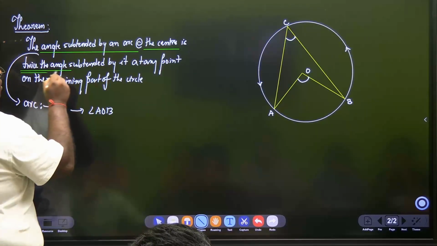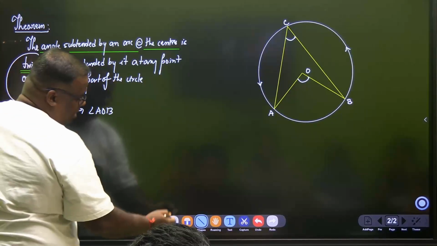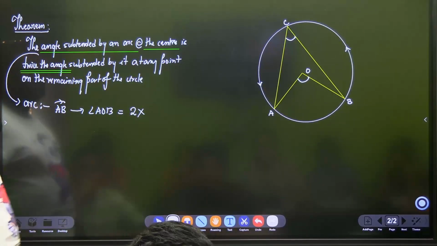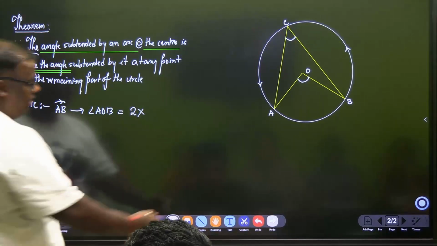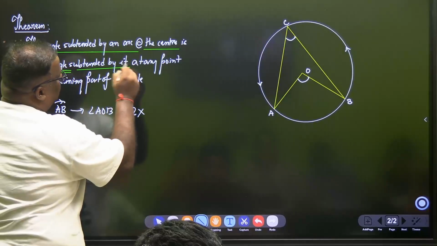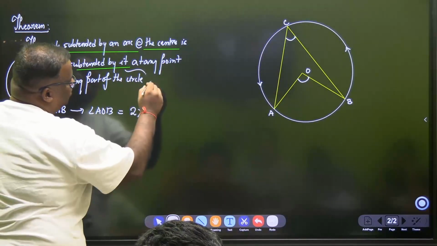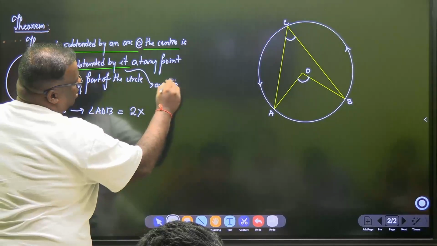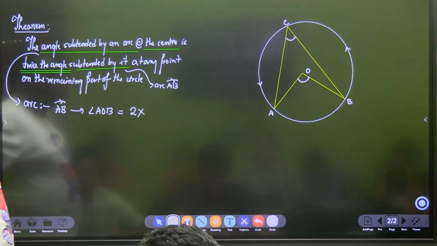Mark the words: twice the angle. That means this has to be twice the angle subtended by it. Subtended by it means again the arc AB, the same arc.